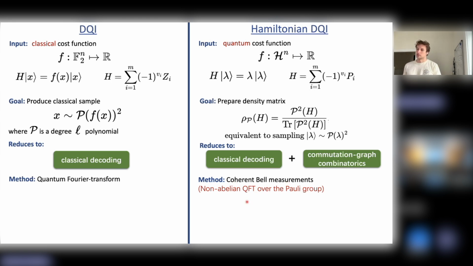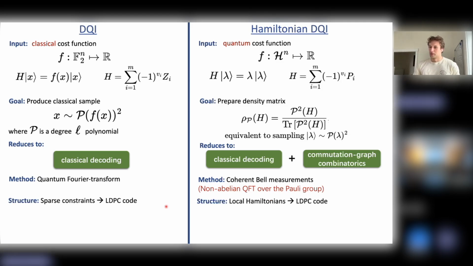But it turns out that's very closely related to the non-abelian QFT over the Pauli group. Essentially, coherent Bell measurements are one subblock of the non-abelian QFT, the subblock indexed by the defining irreducible representation. So indeed, our method is also the QFT, just over a different group.